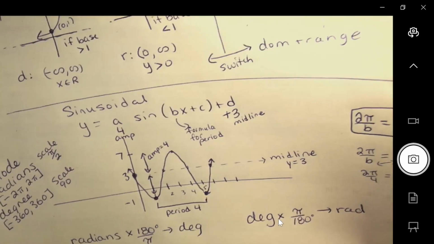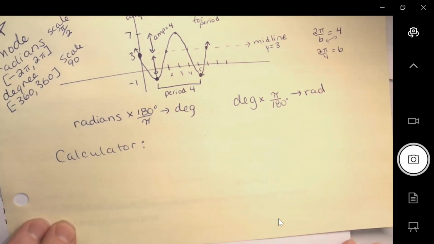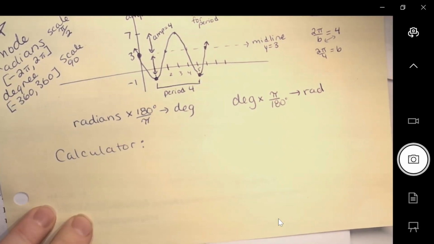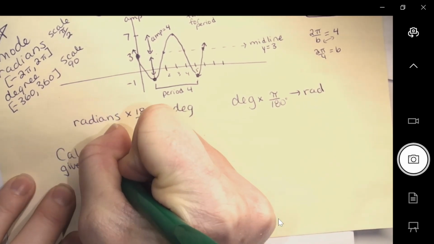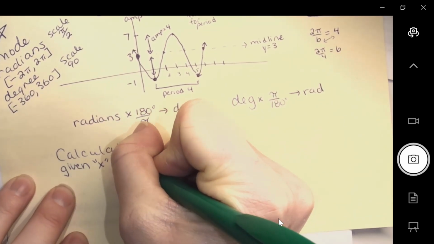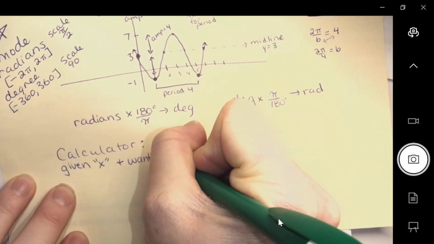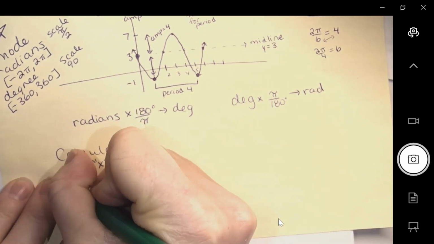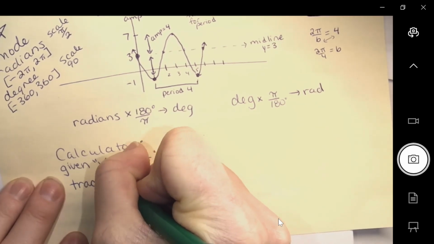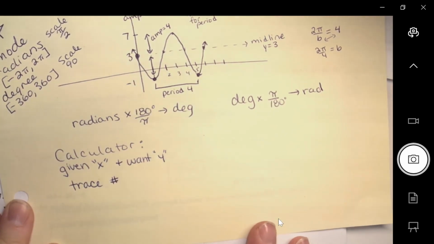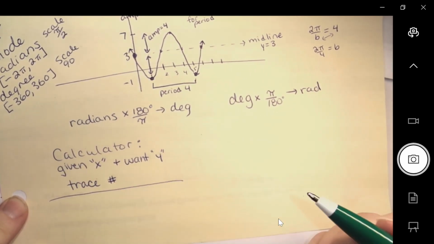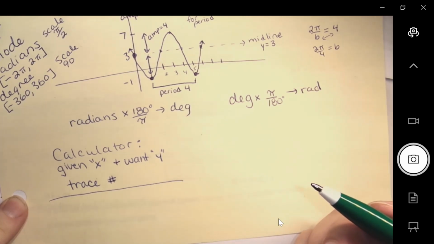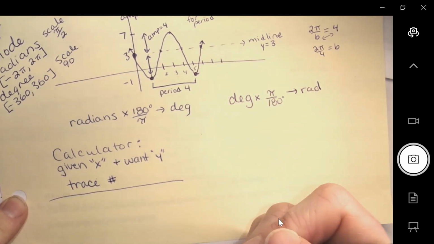Okay. Cheat sheet. This is what I'm going to write because I saw something that was new. If I'm given X and want the Y, I'm going to hit trace and the number. What about if this is vice versa?